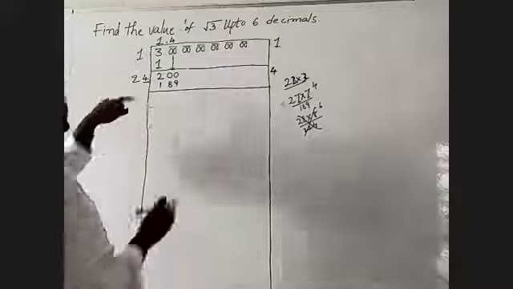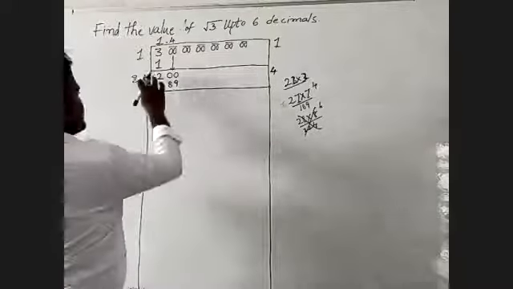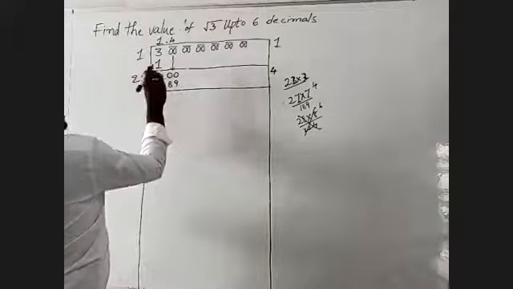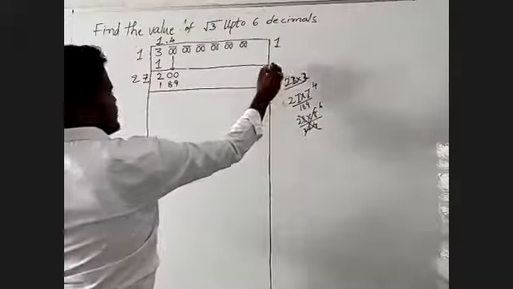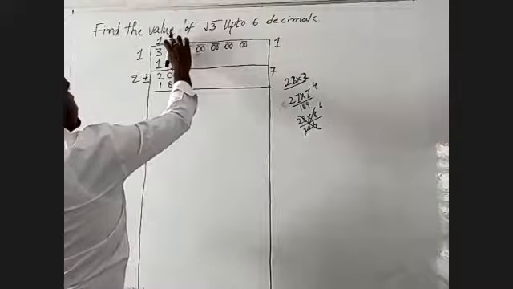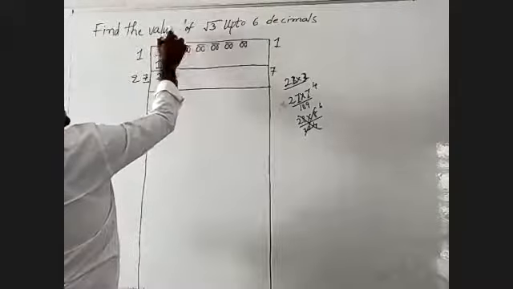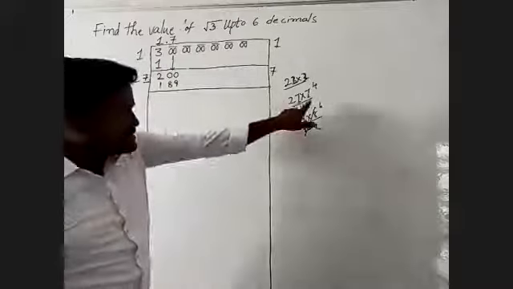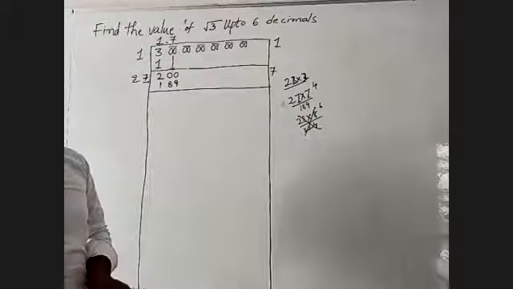Sorry, it will take 7, this is not 4. 27 into 7, extremely sorry. This value becomes 7. You'll observe in this one, 27 into 7 becomes 189.